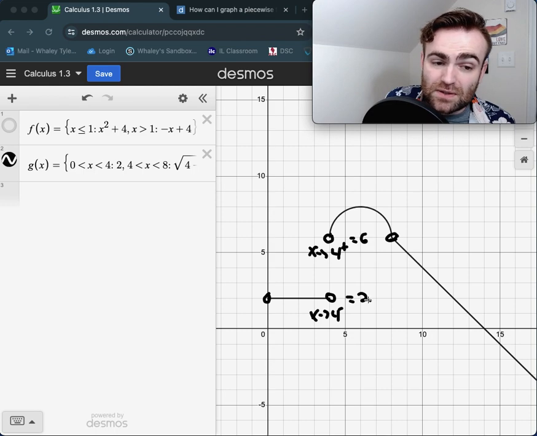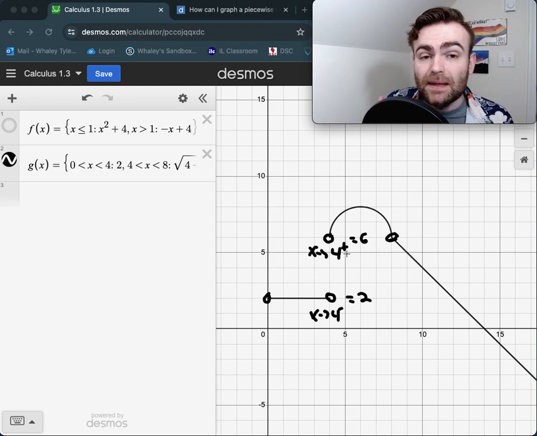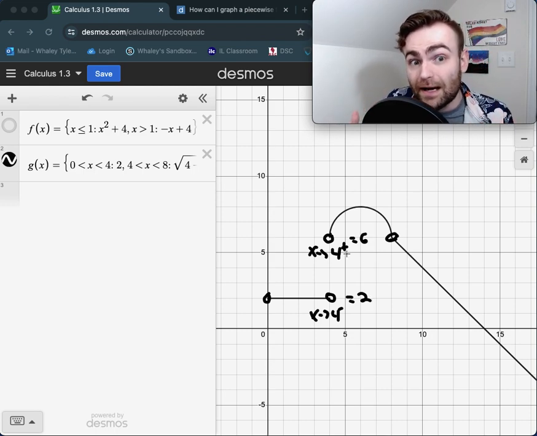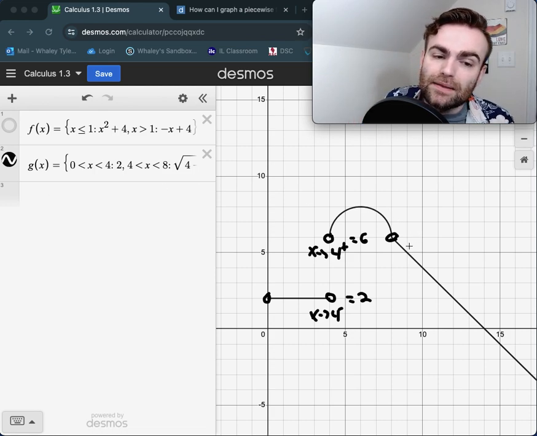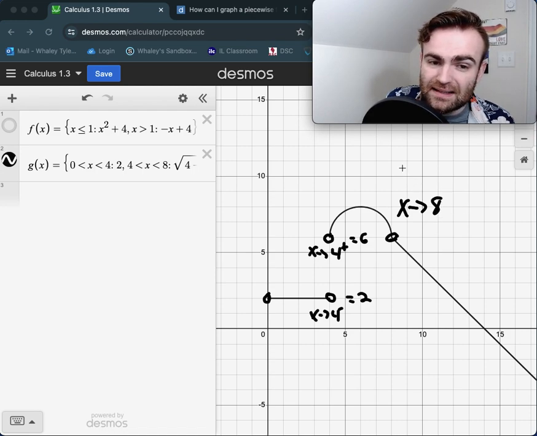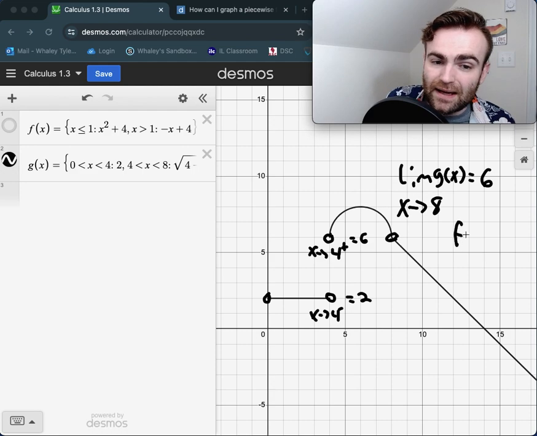But because those two values are not the same, the limit in its entirety doesn't exist. This one, the value doesn't exist, but the limit does, as we talked about in the last lesson. So in this case, as x approaches 8 from both sides, the limit of g of x would equal, in this case, 6. But the value at 8 does not exist.